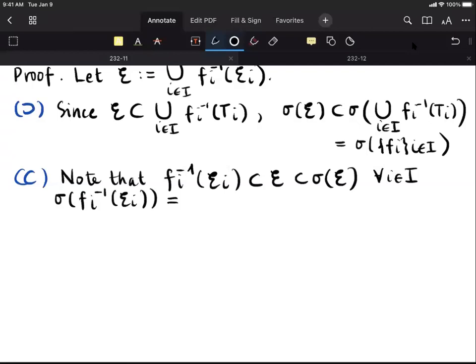We know by an exercise that we can interchange the inverse image and the sigma algebra generation. And this is equal to f sub I inverse of T sub I, since E sub I generates T sub I. And this is again true for I in capital I.